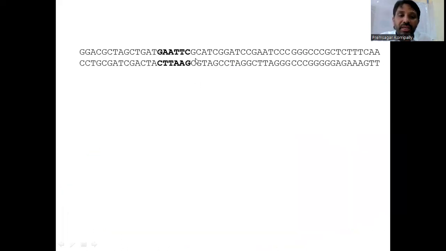Here you can see it's a double-strand DNA molecule where it has an EcoRI restriction site on the left side, which is bolded. And during the restriction digestion, there are 3 steps.